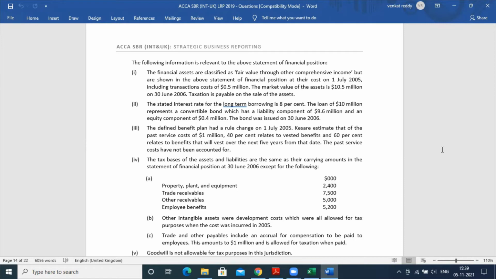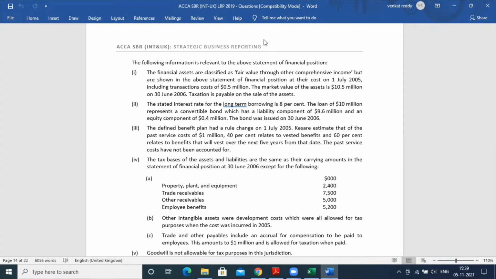Because in the question financial assets are shown at cost. But as per IFRS 9, if it is measured at fair value through other comprehensive income, we need to show it at its fair value. And its fair value at the end of the year, that is 30th June 2006, is 10.5 million.